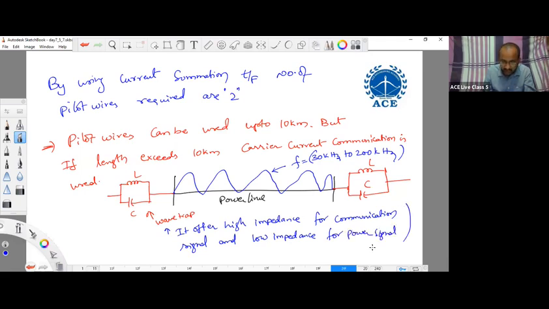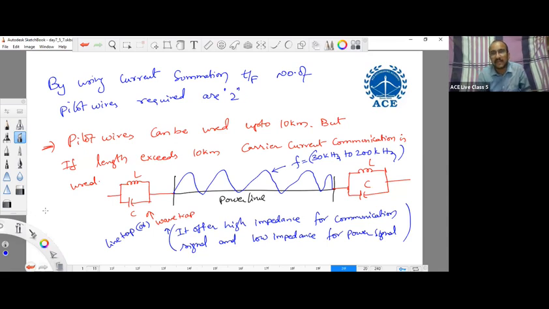It will not allow the communication signal to go beyond this wave trap or line trap, because the load equipment may get damaged, since that is a high frequency signal.